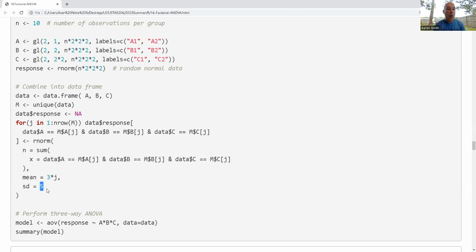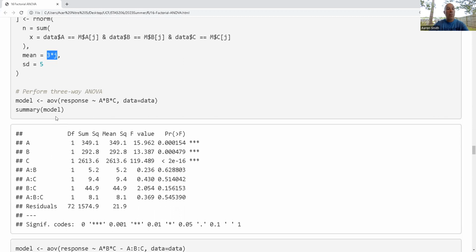And we're always going to have a standard deviation of 5, so we have that constant variance reached. Since I generated the data, I know that I have the normality assumption met, and that each subgroup has a different population mean. Now, we want to see, does our test detect this?